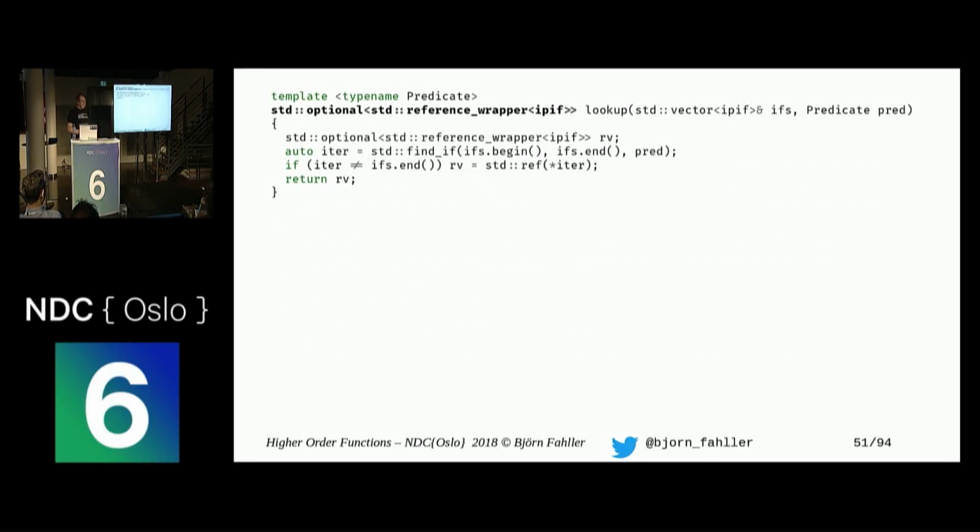So we can do this. I can use a lookup function, a higher order function that takes a predicate and searches for IP interfaces, to search for the first one. Actually, it should be called lookup_first or find_first or something, that matches a predicate.